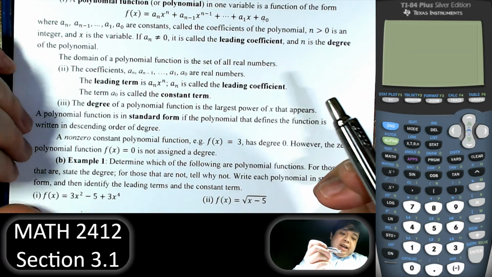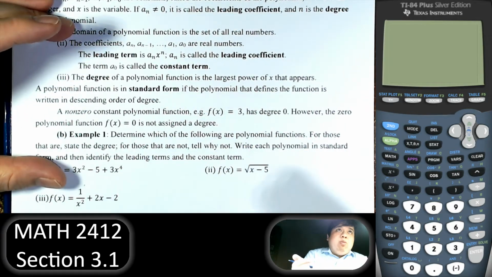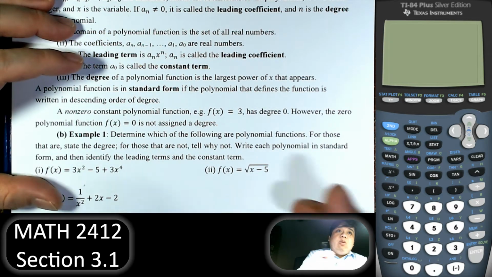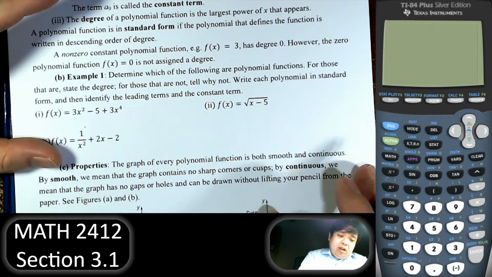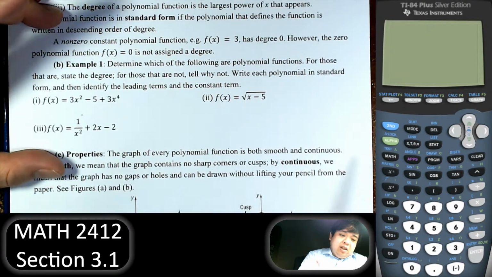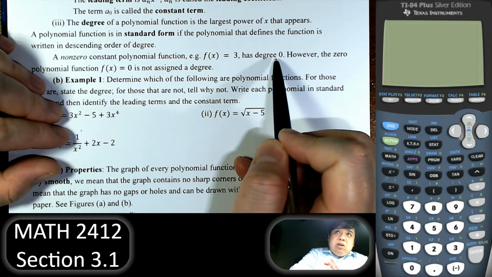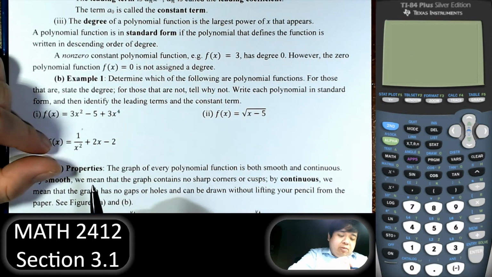A sub 0 is the constant term. The degree is the highest power of the polynomial. And if it is in standard form, we write everything in decreasing order of x. A constant function has degree 0, and we do not assign a degree to f(x) equal to 0.